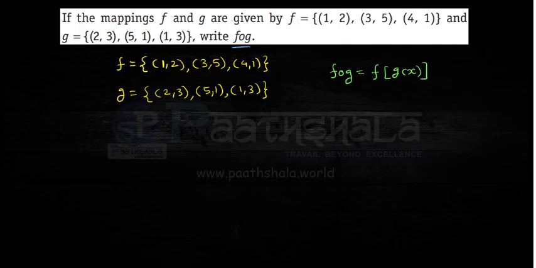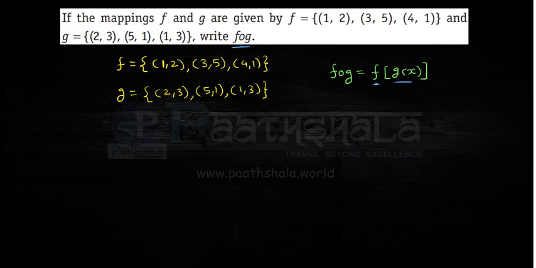FOG is nothing but f of g of x, where x is the input for g, and for f, g of x is the input. Means the output of g of x is the input of f here.